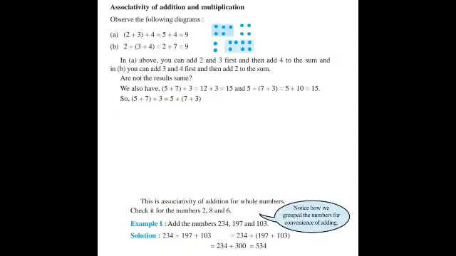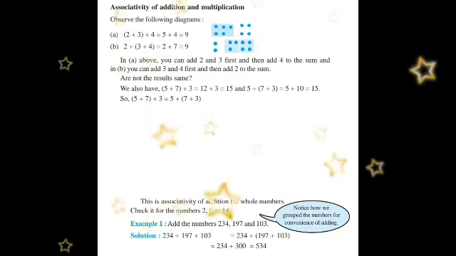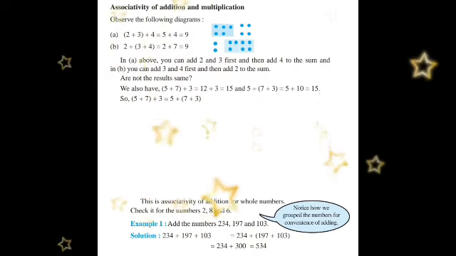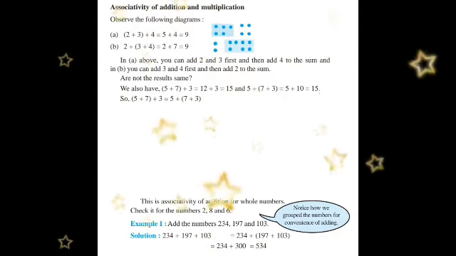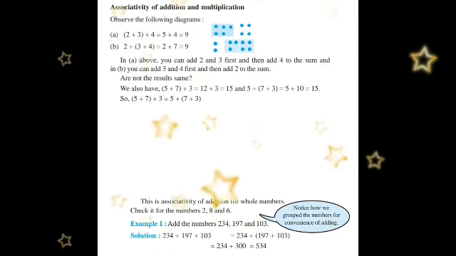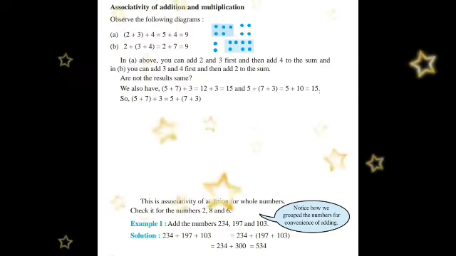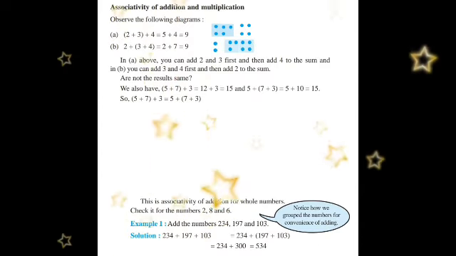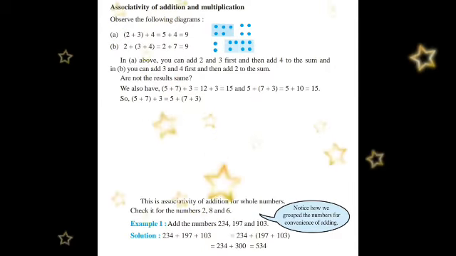The third property, associativity of addition and multiplication. In this property, we learn how to group the numbers for convenience of adding and multiplying. For example, (2 plus 3) plus 4 is equal to 5 plus 4 is equal to 9.